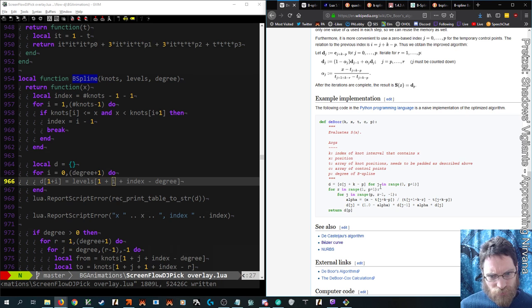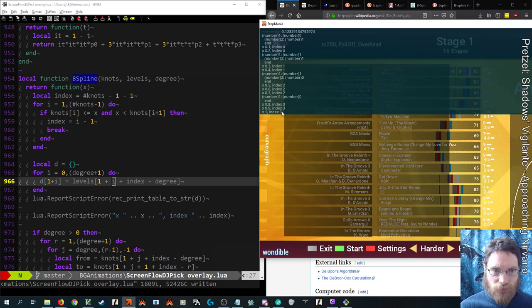Zero to degree plus 1. Index plus the interval that contains it minus the degree. So I've cut out the index 4 that actually hits the end.